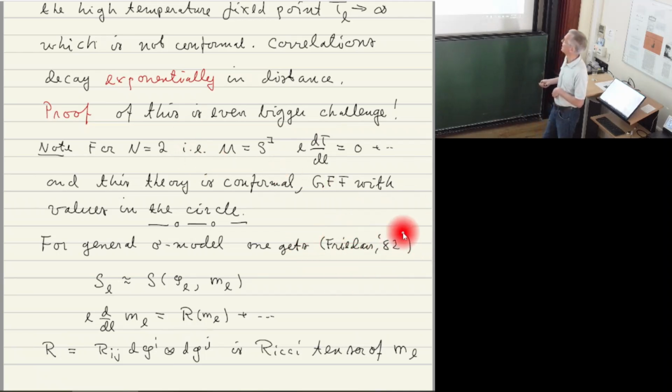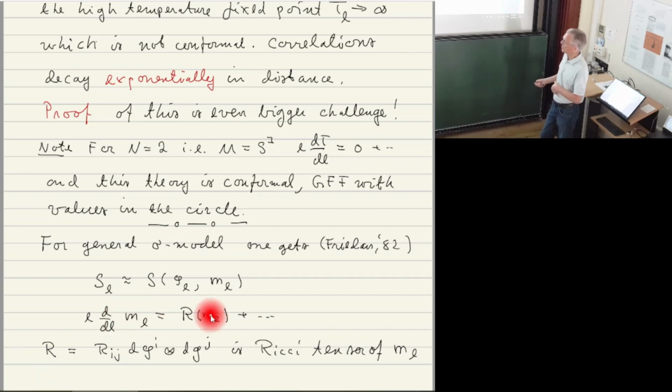Okay, and then as Hao was saying, if you take a general sigma model, there's a classic calculation by Friedan in the beginning of the 80s, where he showed that a similar picture holds, in more generality. Now the effective action, you start with some metric, once you do this, flows with scale.